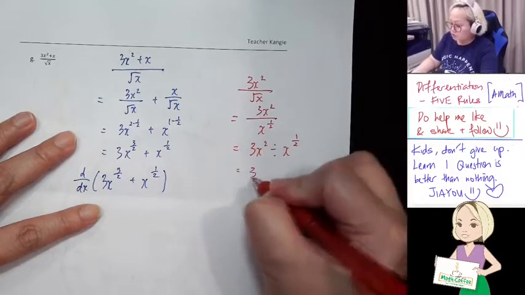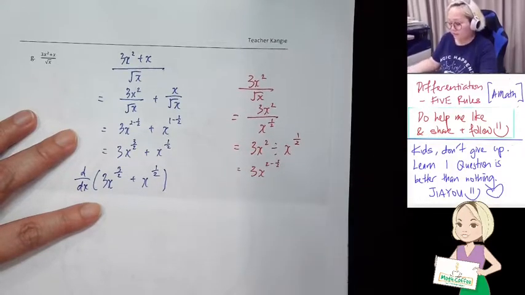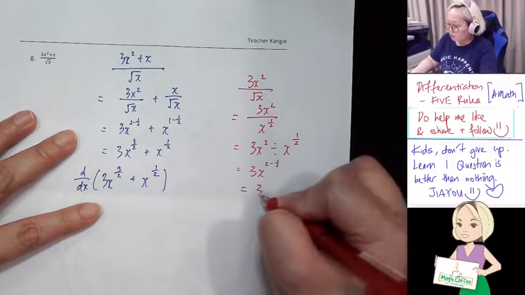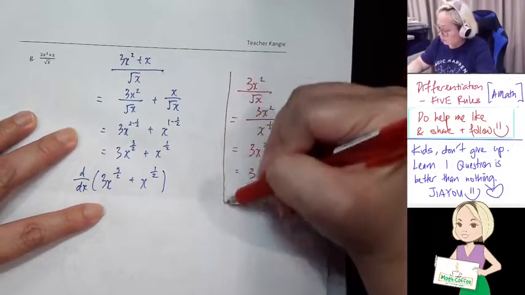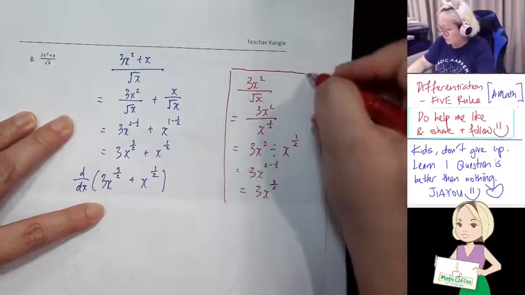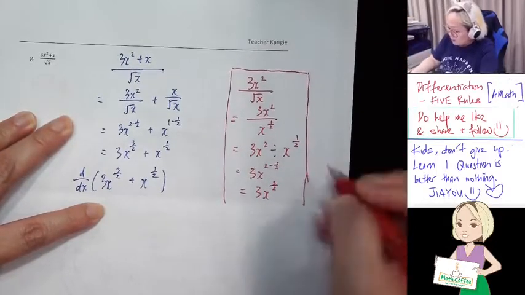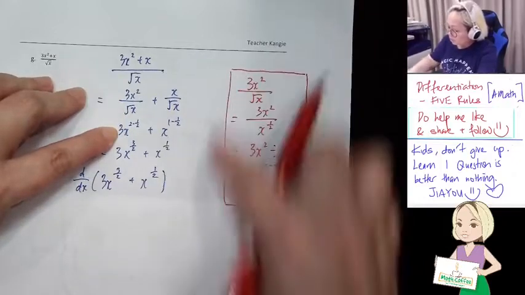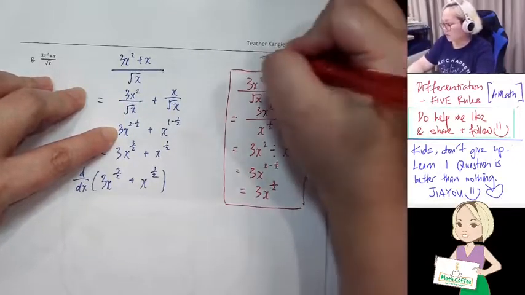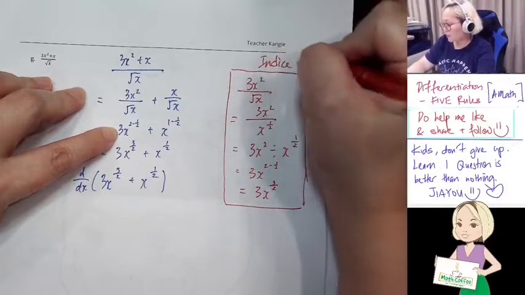So it's actually 3x to the power of 2 minus half. And that's why I get 3x to the power of 3 over 2. So this is the so-called magnified steps for those who are wondering how do I get from here to here. It is actually because of this indices rule.